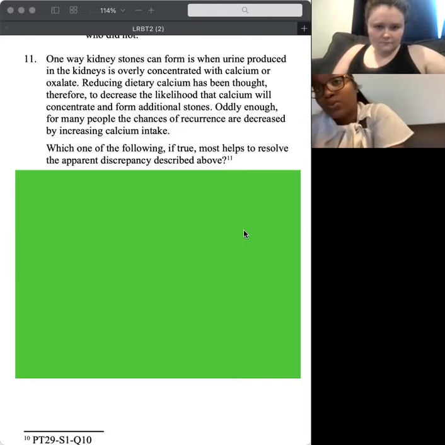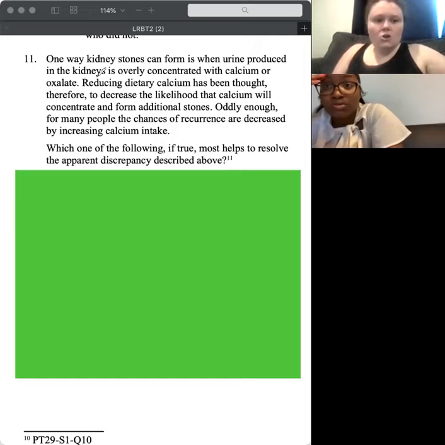Reducing dietary calcium has been thought to decrease the likelihood that calcium will concentrate and form additional stones. So why is this thought so?